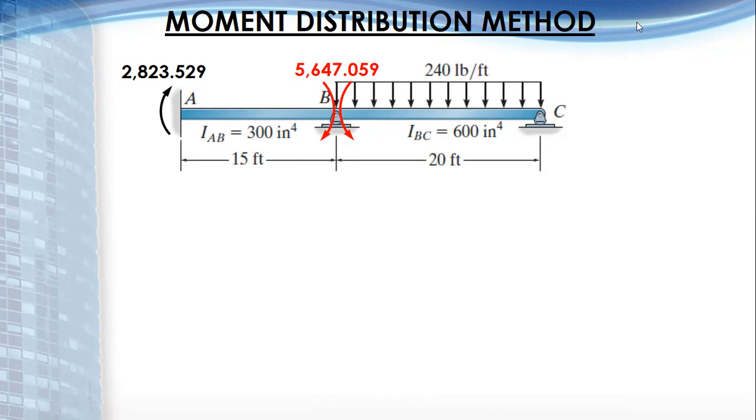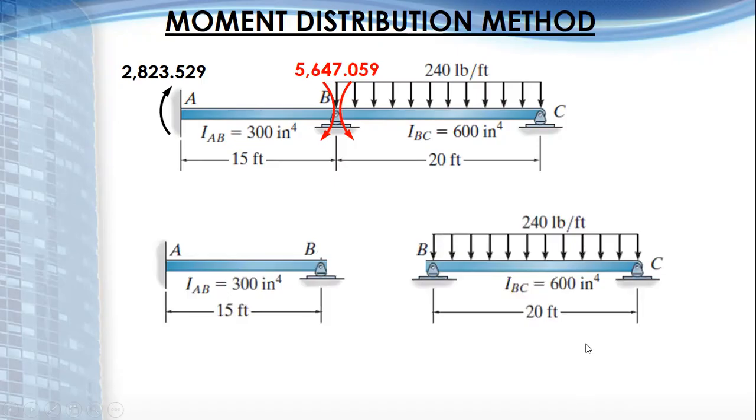So after this, cut a section at B, and then isolate beam AB and isolate beam BC. We have this one. And let's apply the values. At A, we have this moment. And then sa B, BA clockwise, sa BC counterclockwise. Same value. And then we start with member AB.